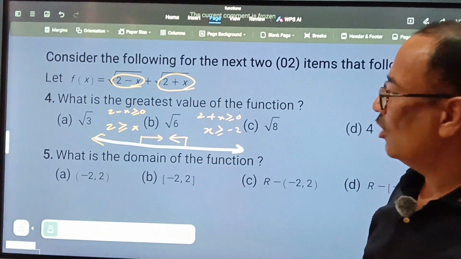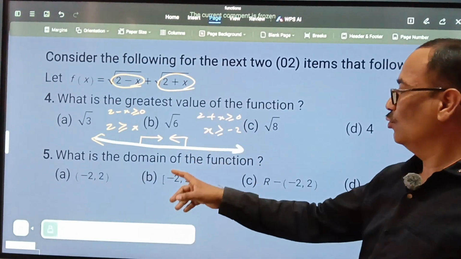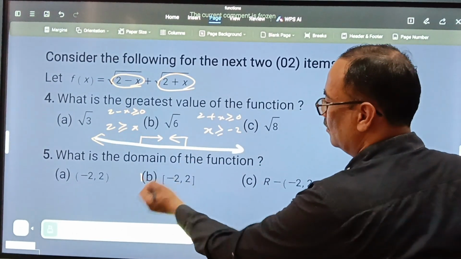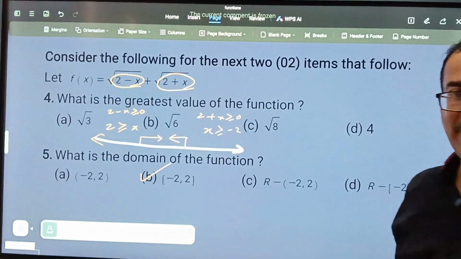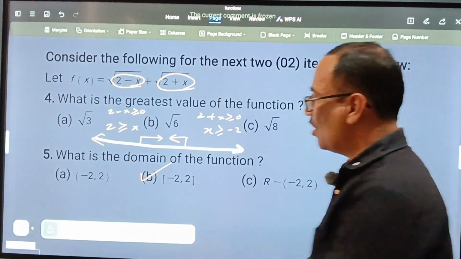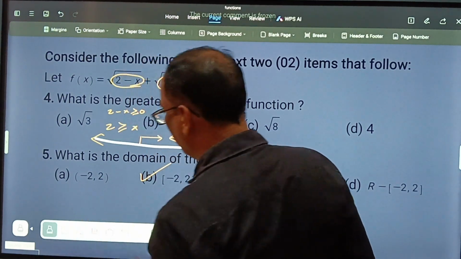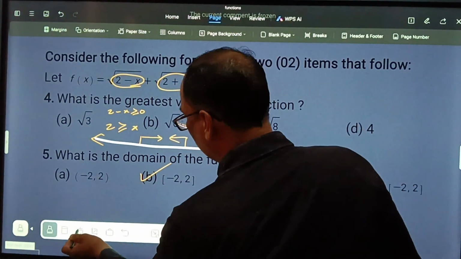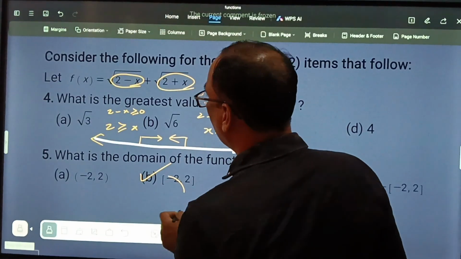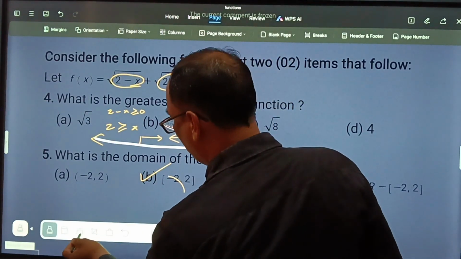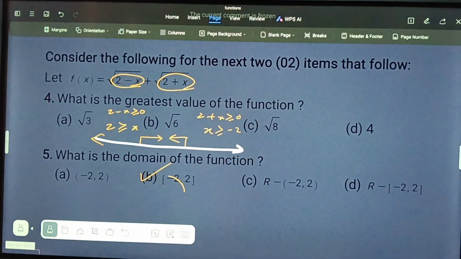So the domain is what? Closed minus 2 to closed 2. So option B is correct. Now the option B is correct, so we have to find its greatest value also.